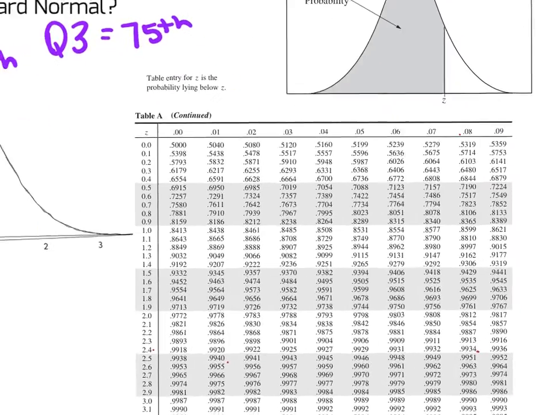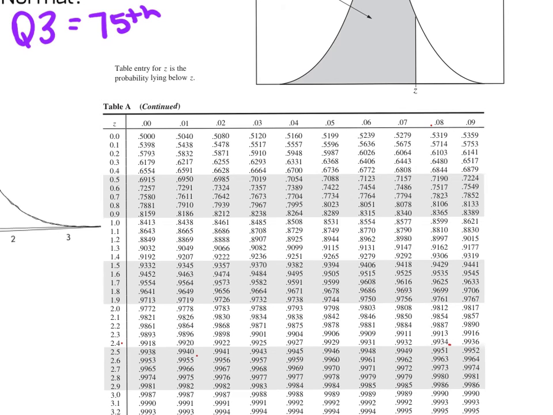When I look inside here, I see that 75% is somewhere in between these two values right here. I'm going to round it, and if I draw lines out there so we can see what they actually are, it looks like it's sitting here.